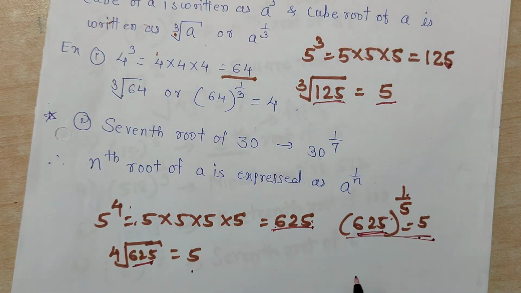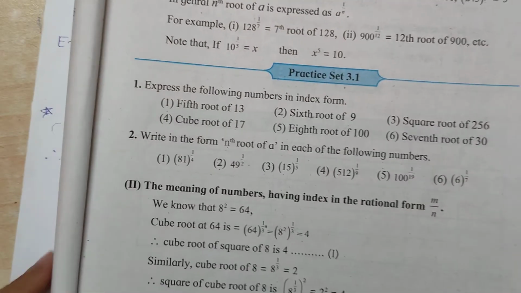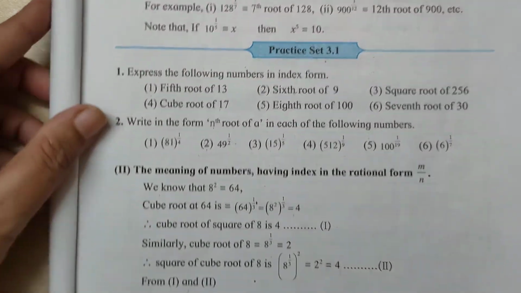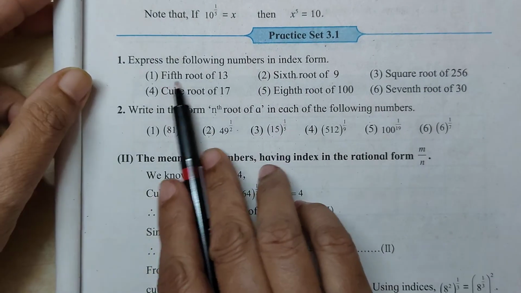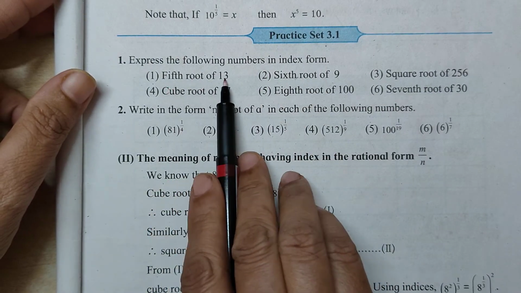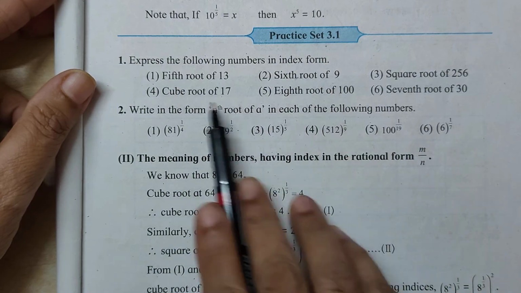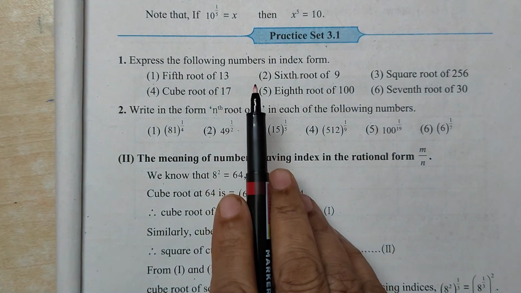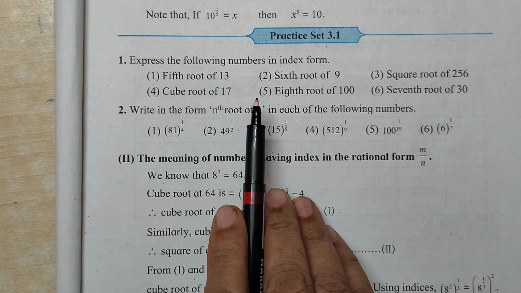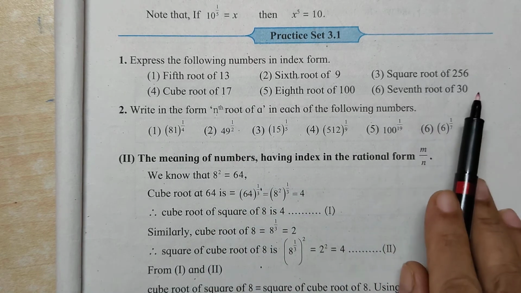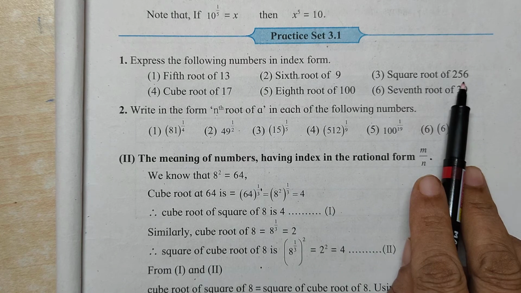This way we can solve the examples. And now from practice set 3.1 you can solve the examples. Express the following numbers in index form. 5th root of 13, 6th root of 9. 5th root of 13 means 13 raised to 1 by 5. 6th root of 9, square root of 250, then square root of 256.